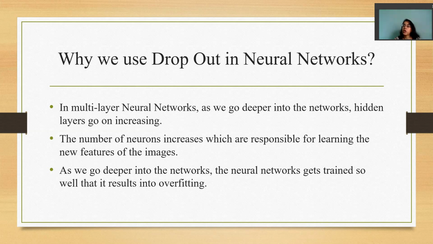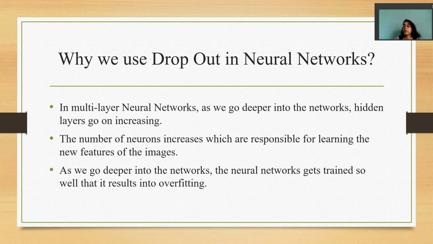So in order to reduce this, we use dropouts in the neural networks, which is done by excluding some of the features from the neural networks so that the neurons will not learn all the features again and again, and it will not produce a negative impact on the output, and it will perform the correct prediction of the output.